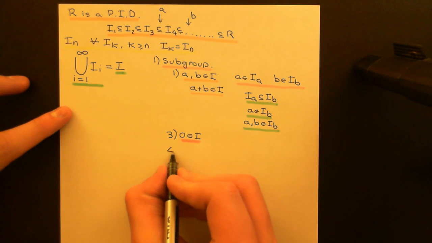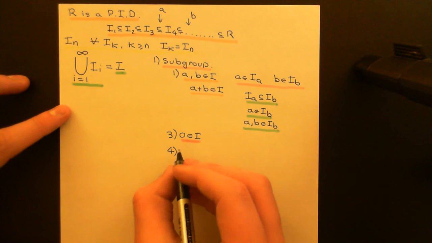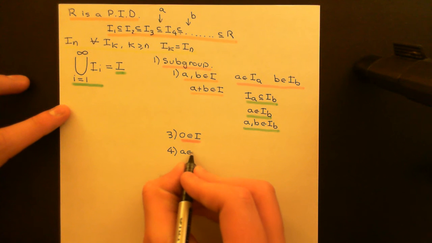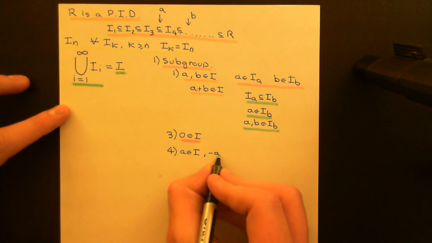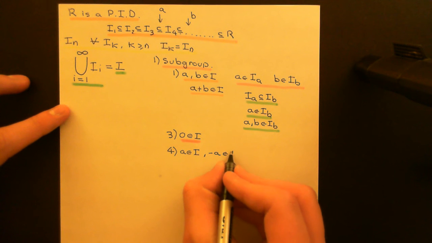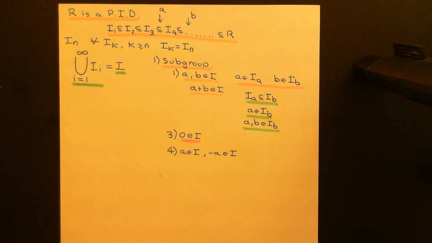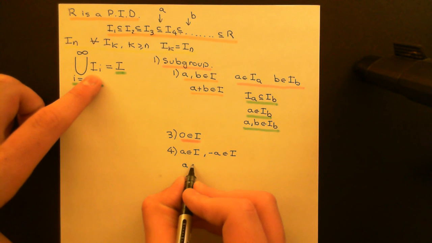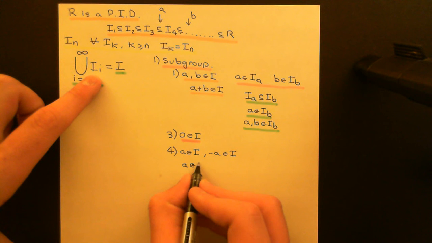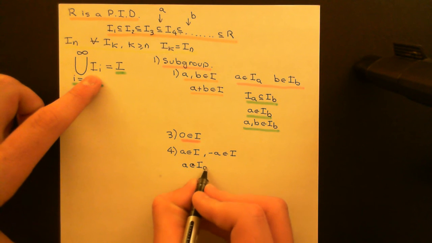That's very easy. And now what we want to make sure of is additive inverses, so we want to prove that if A is an element of this subset capital I, then the additive inverse of A is an element of this subset capital I. Okay, now how can we show that? Well, if A is an element of capital I, then A must be contained in one of these ideals that we've unioned together to get I. So let's say A is an element of the ideal that contains A here, I_A.